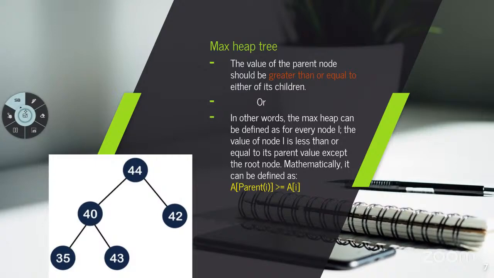Equal to means the same value, so here 44 can also be there. So duplicates are allowed. Are duplicates allowed or not in heap tree? Yes. Try to identify those very important points. Now you got a point. Parent node belongs to 44, which is greater than compared with these two children.